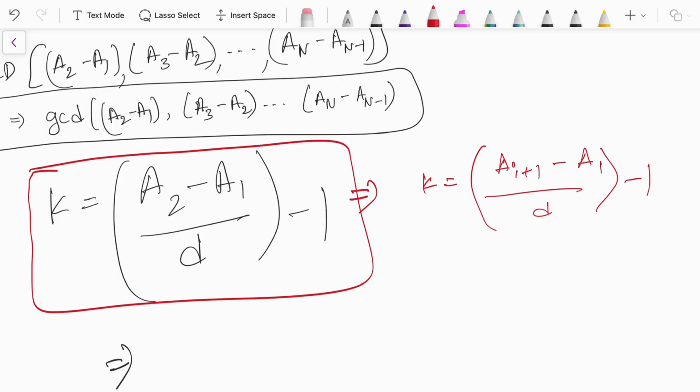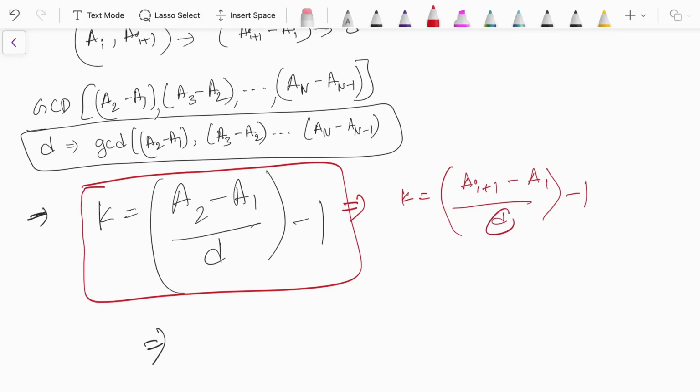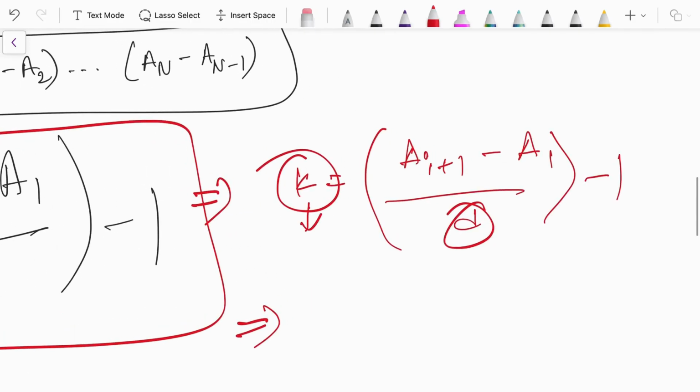Now we have both the values D as well as k. All we need to do now is iterate through the array and find the common difference once, and iterate through the array again, and find the number of elements that we need to insert in between each pair of elements. We sum all the values of k, and that will be our final answer.